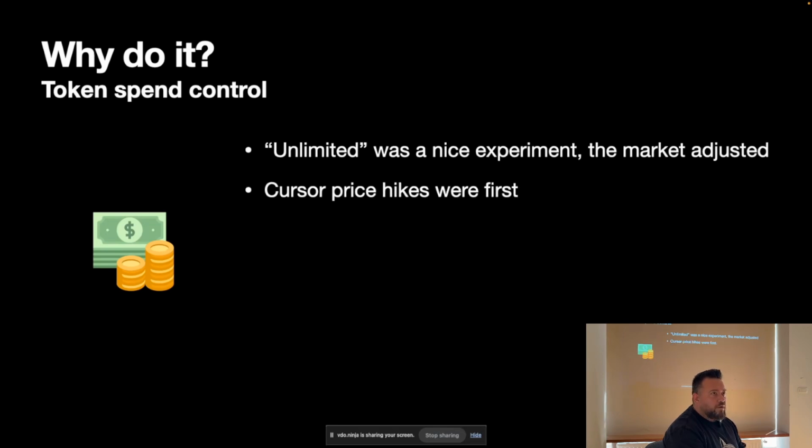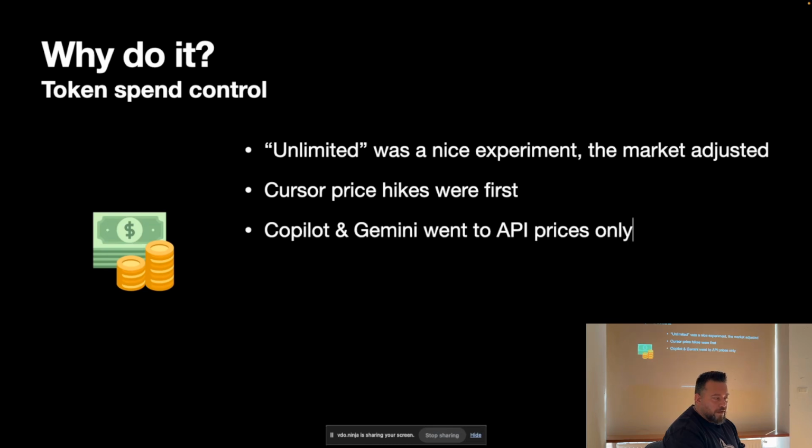The first one to take note of this was Cursor, I think almost 2 years ago already, when they hiked their prices. Initially, on the cheapest plan, you had unlimited calls to Claude Code and Opus, and then they basically allowed you a certain amount of tokens per month on the subscription, and that was kind of unheard of.